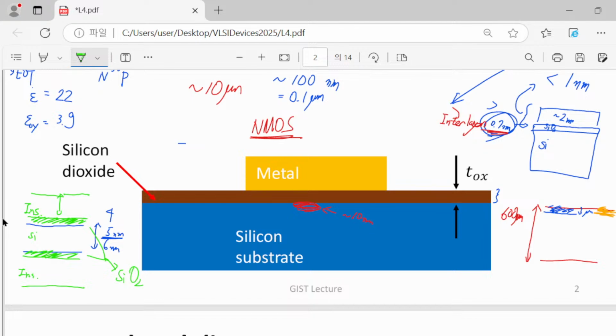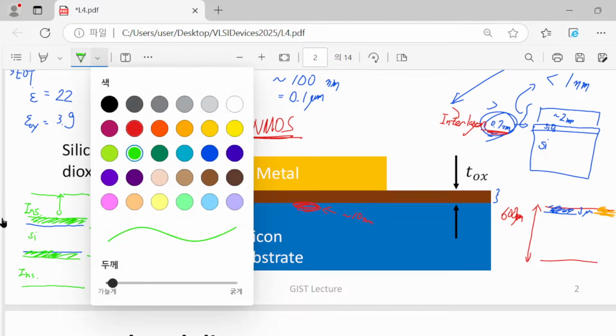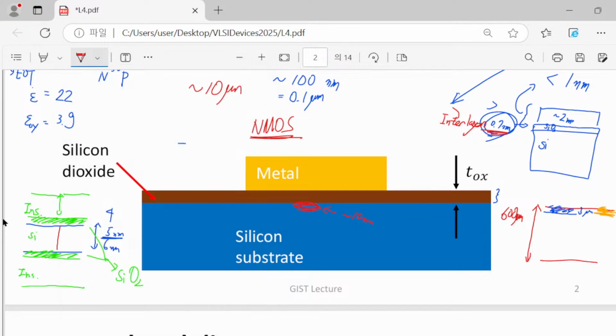So when you have a look at this system, we cannot assume infinite thickness any longer. So we have to consider now the finite thickness of a silicon channel region. So we will revisit this issue when we come back to the multi-gate devices. But for a while, just following the textbook presentation, we will start from this planar MOSFET.